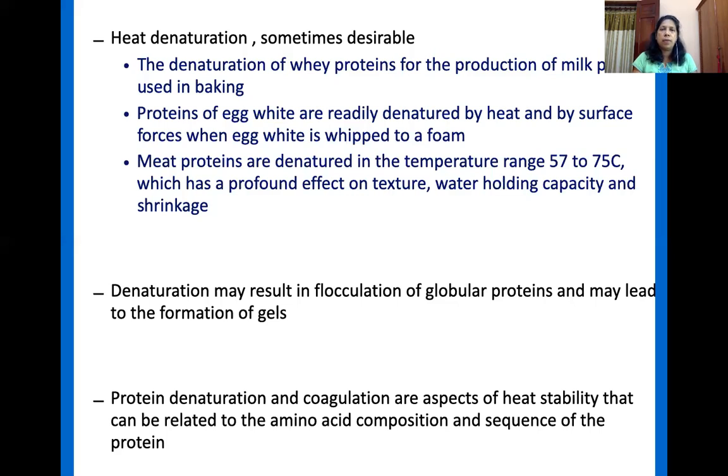I mean, milk coagulation or those things do not happen because those proteins and amino acids are really strong against heat denaturation. Not all the amino acids, not all the proteins, but some are very stable. Right. So therefore, we are using these properties of the protein for product manufacturing.